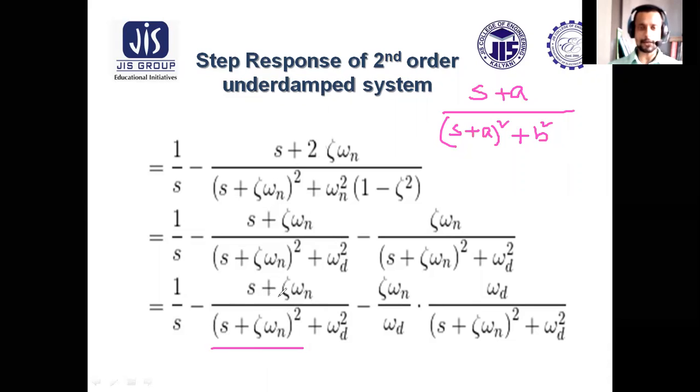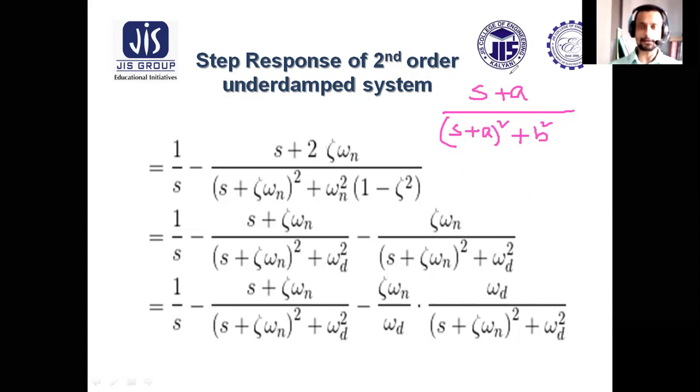So s plus zeta omega n, that is s plus a, will give us this term. Okay. So in order to perform inverse Laplace transformation, we have taken all these extra, we have subtracted sometimes, we have divided sometimes, so as to get this form.